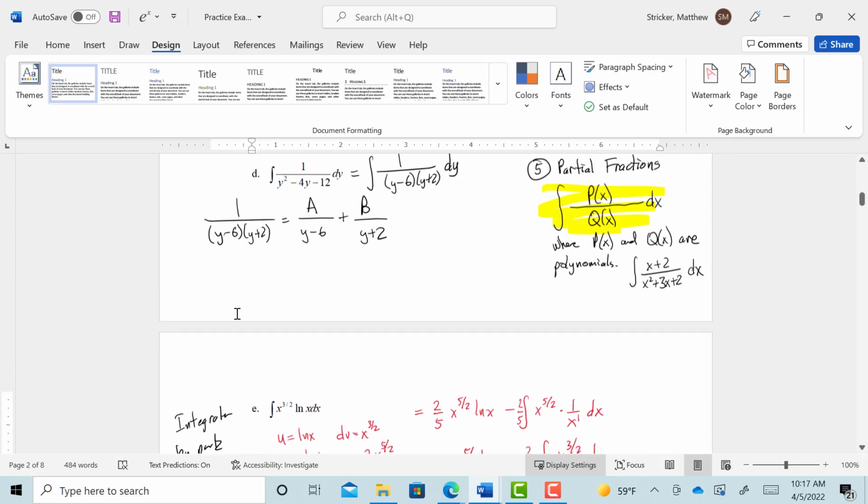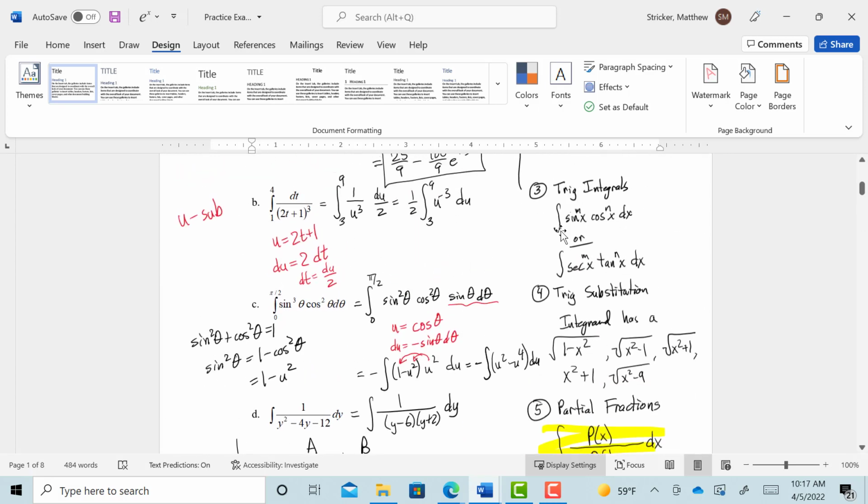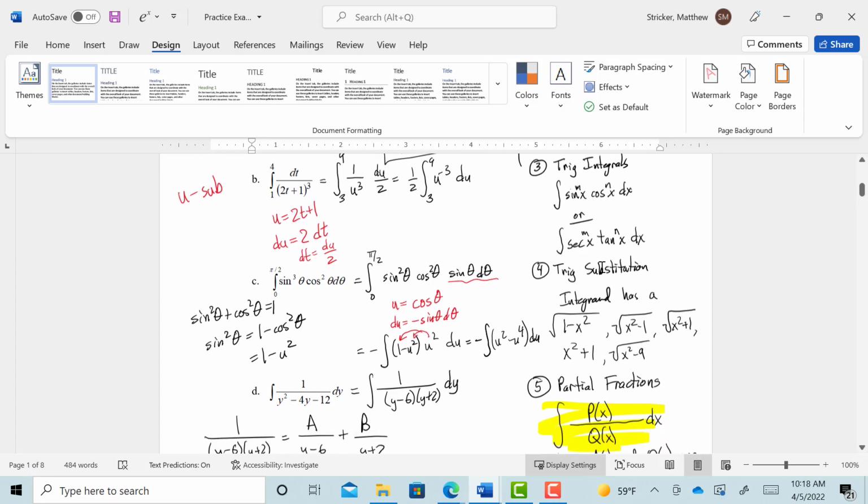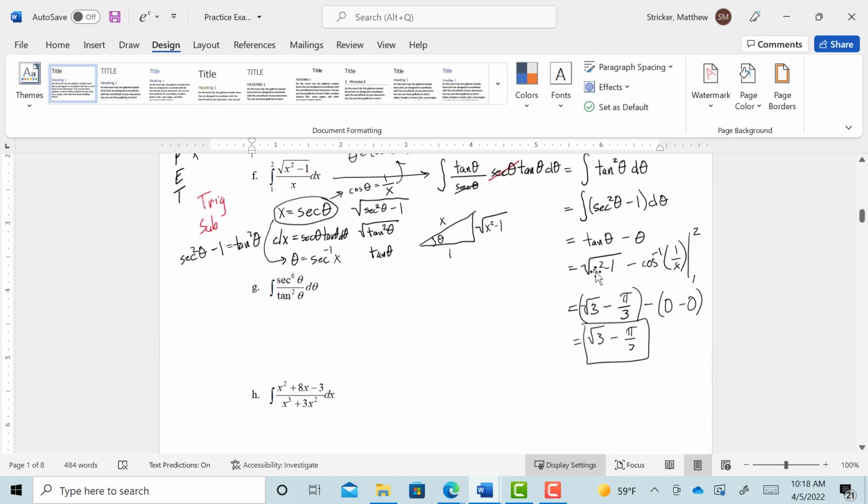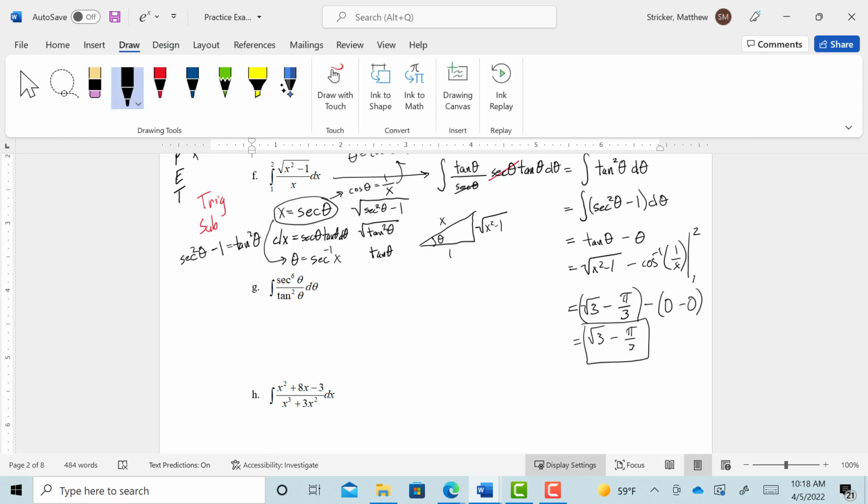This looks like powers of not sine and cosine like the earlier one we did, part C, but powers of secant and tangent. So looking at that, we're probably going to want to have u be tangent, which means du is going to be secant squared theta d theta.